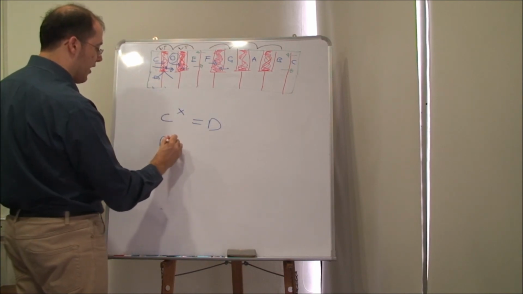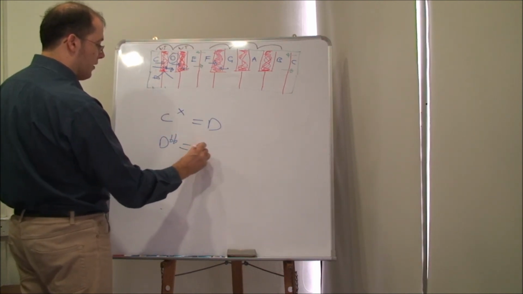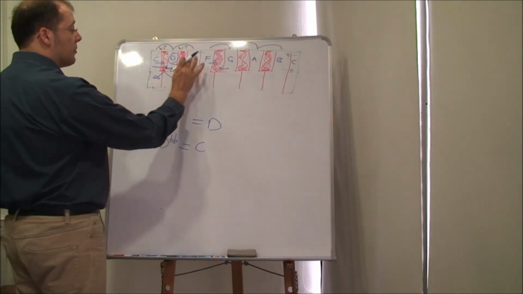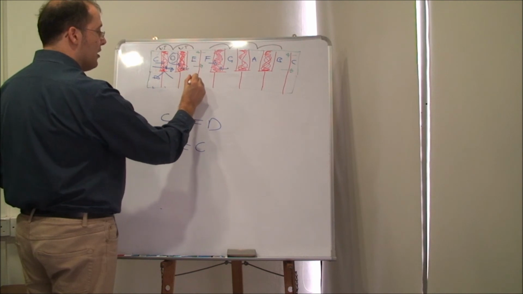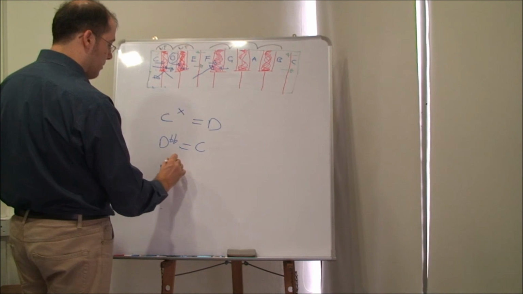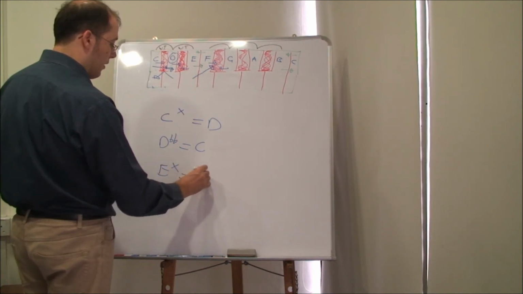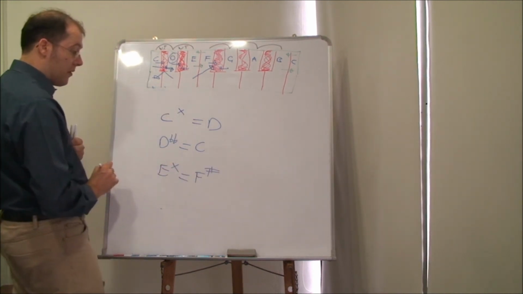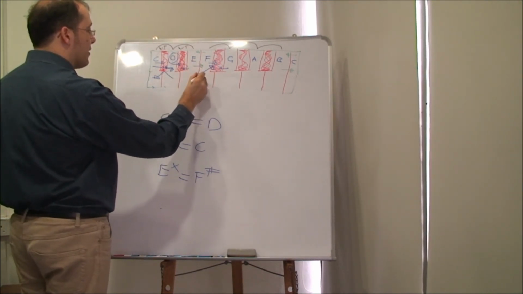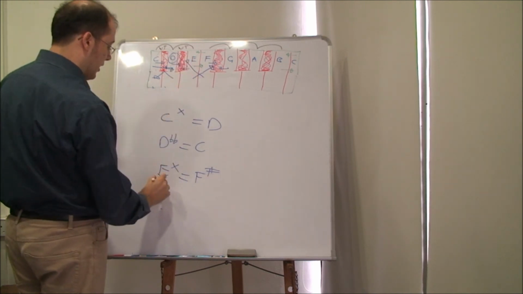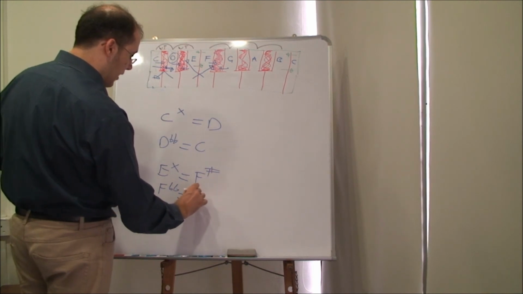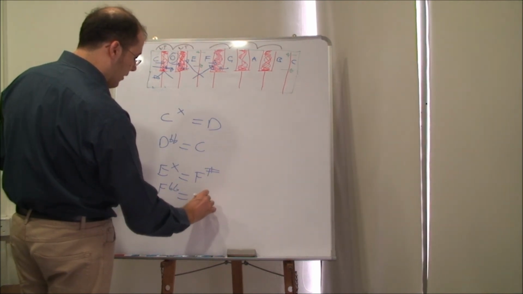So D double flat, which we write like that, is a C. And again, to illustrate the principle, if we go E double sharp, so we have E sharp, E double sharp. So E double sharp is the same as F sharp. And again, by the same principle, F double flat, 1 flat, 2 flats, gives us an E flat.